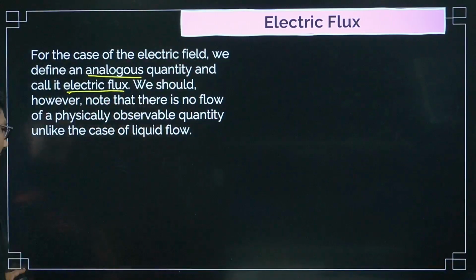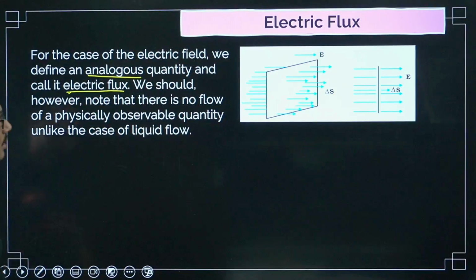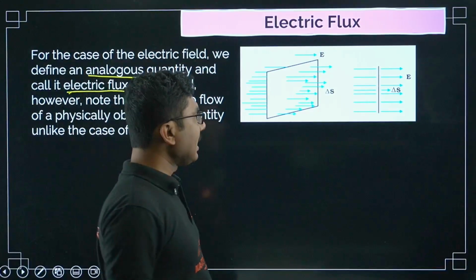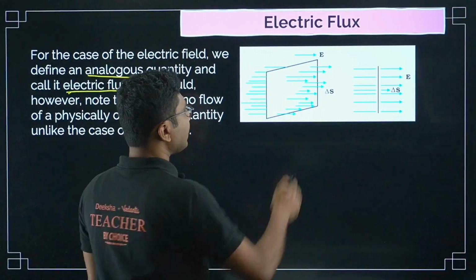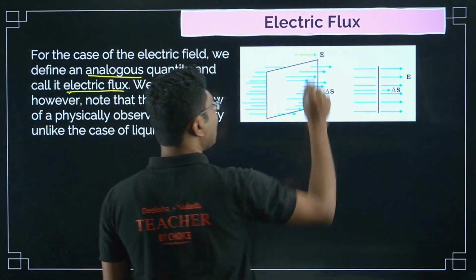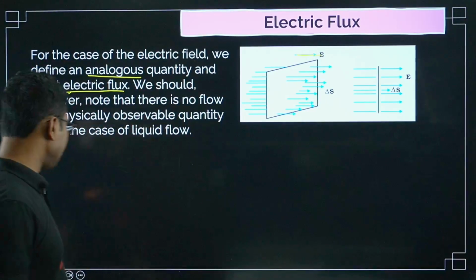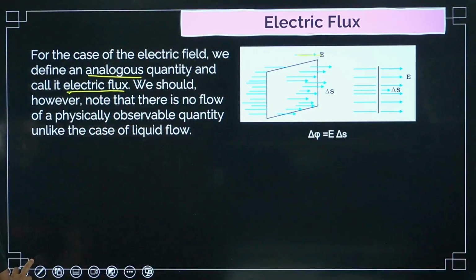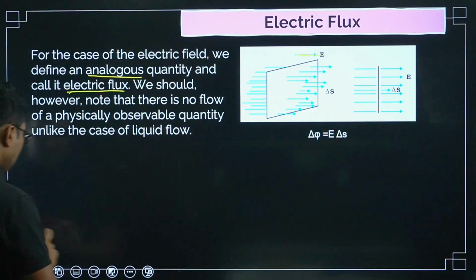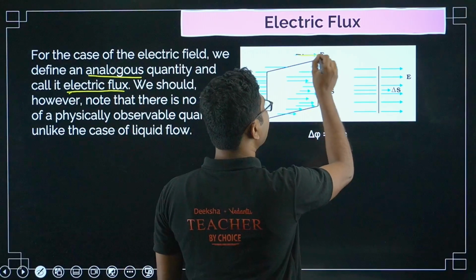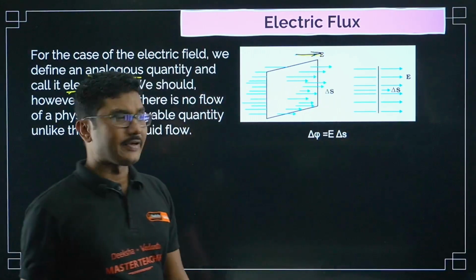Okay, so let's see that. So electric field can be treated as similar to the velocity vector. Here electric field can be considered to be the velocity vector.